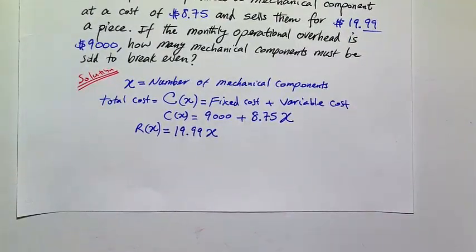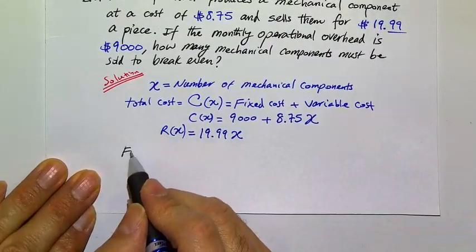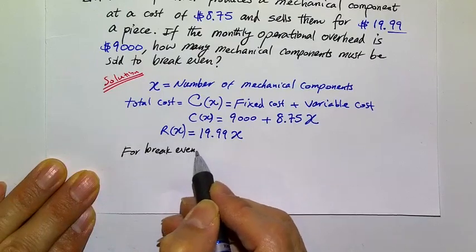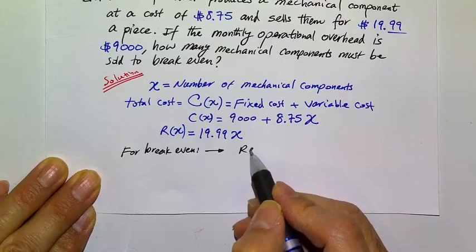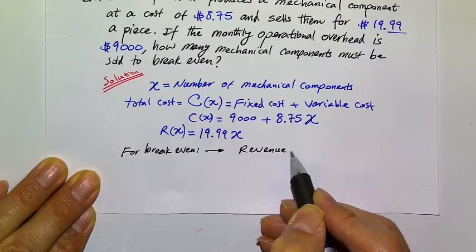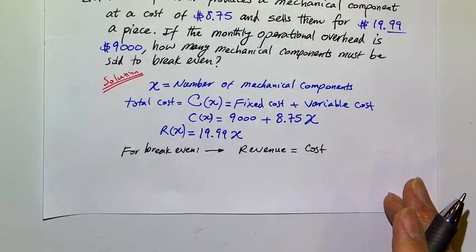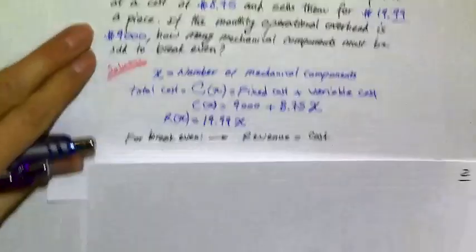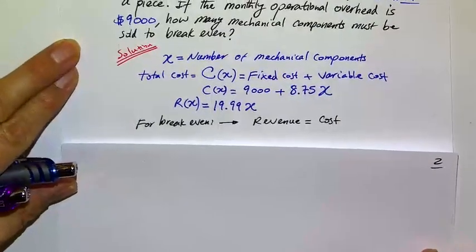So for break-even, we have to set the revenue equal to cost. And let me write the rest of this on a different page. I'll try to keep the rest of this on the screen.